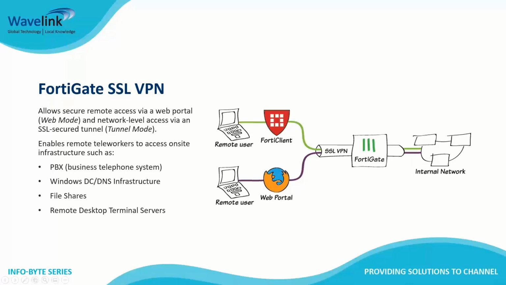So FortiGate SSL VPN allows secure remote access to a business's internal corporate network, either via a web portal, this is referred to as web mode, or via network level access through an SSL secured tunnel, and this is referred to as tunnel mode. This SSL VPN access allows teleworkers to access on-site infrastructure such as an on-premise PBX solution.